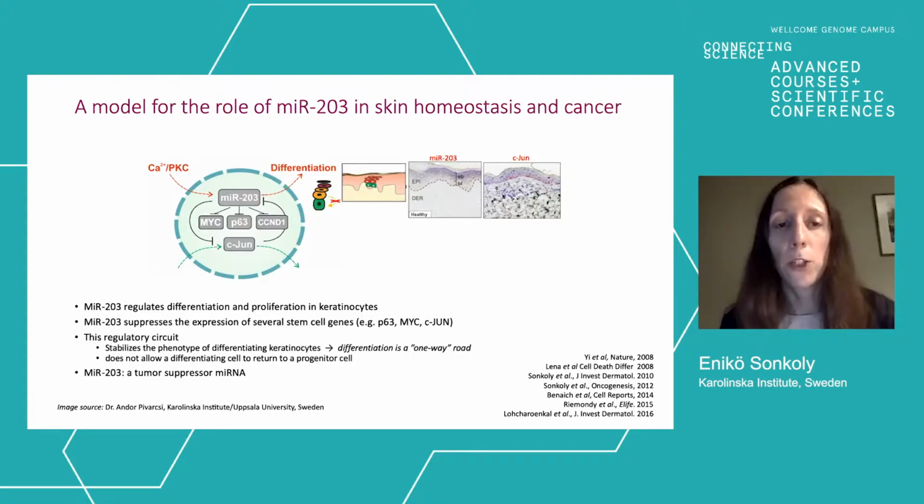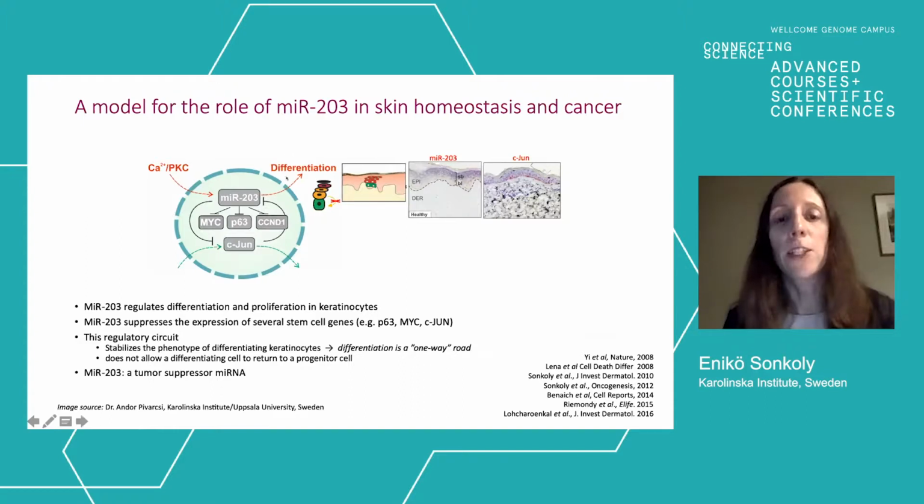But with c-Jun, it forms a bistable switch, because c-Jun also suppresses the expression of miR-203. So if calcium induces miR-203, that leads to low c-Jun levels, which in turn allow high levels of miR-203, which in turn further suppress c-Jun, and this leads to a one-way road of differentiation.